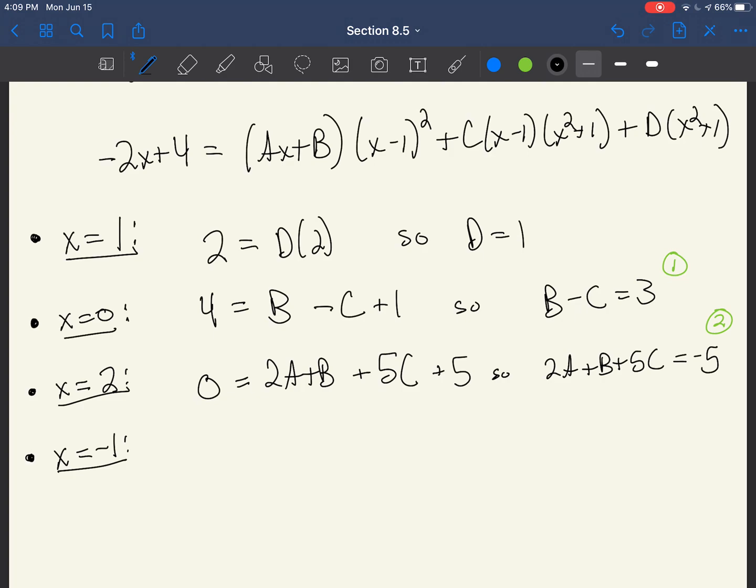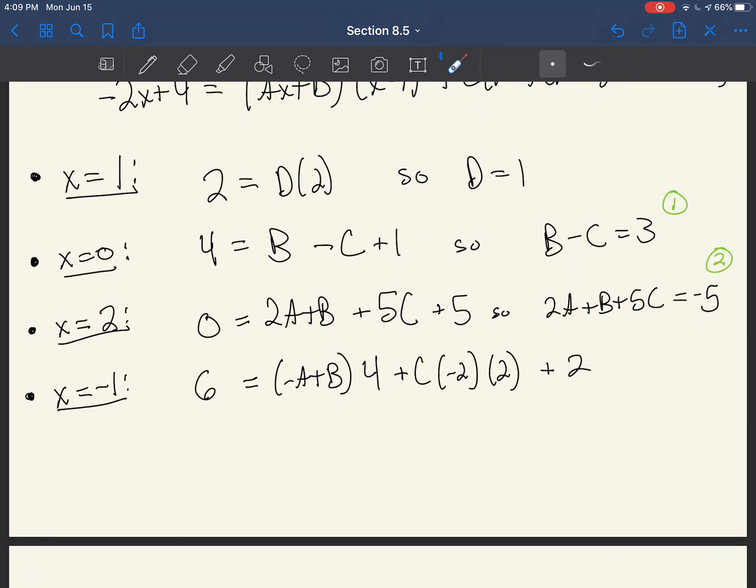We've run out of nice values, so we just pick a small value for x. So I'll pick -1. When x is -1, you get 6 equals (-A + B) times (-2)², which is 4, plus C times -2 times 2, and then plus D, which is just 1, times 2.